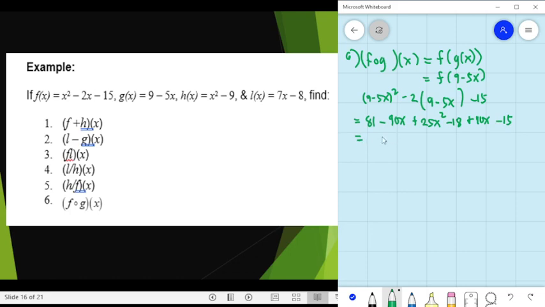So combining similar terms and arranging them. So mag-una si 25x squared. And then combining negative 90 plus 10, that would be negative 80x. Okay, so negative 18 plus negative 15 is negative 33, and then subtract it from 81.